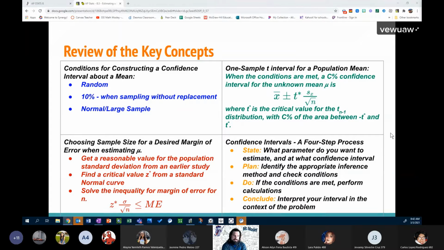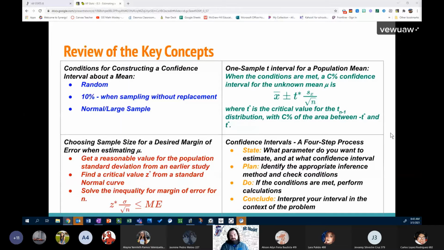Check conditions. Do: if the conditions are met, perform calculations. Find your interval, and conclude: interpret your interval in the context of the problem. That's the whole phrase of we are 95% confident that the interval from this to this captures the true mean, based on our context.